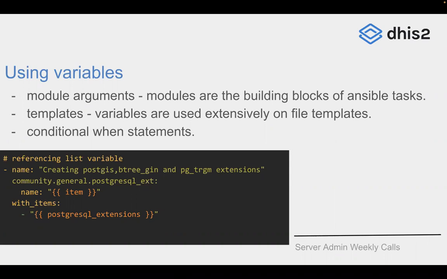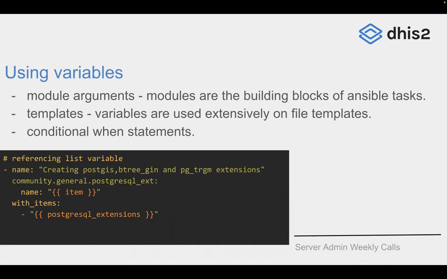So you can say in some tasks, if the DHIS2 version is 2.40, then install Java 17, for instance. You can just write a task that installs Java 17, and then down there you say when DHIS2 version is 2.40 or 2.41. So installing Java 17 will only happen if the DHIS2 version is 2.40 or 2.41.